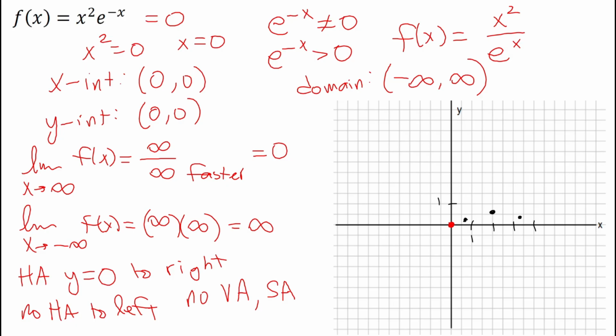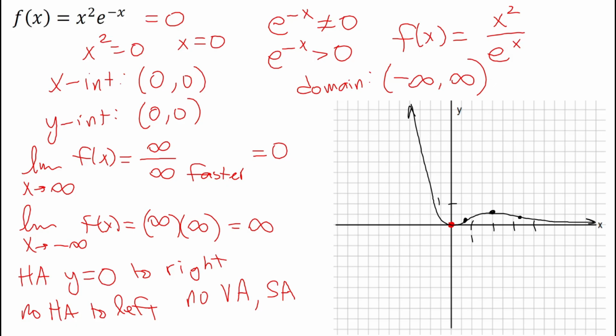We know we started out concave up till we decreased to that x-intercept. Then we increased after to the point of inflection, still being concave up. But then after that, we increased, but we're concave down through that maximum. We stayed concave down until we hit that point of inflection, but then we switched to concave up, decreased forever towards our horizontal asymptote to the right of y equals 0.